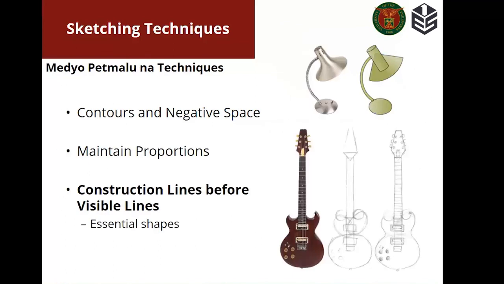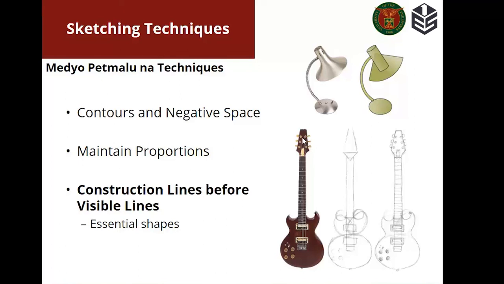Next is you could do draft lines. And you could decompose your object, like this guitar, into shapes. For example, the body of the guitar could be composed of multiple circles and ovals, like this one. Then from that, you could define the shape from what you've done as your sketches dictate.